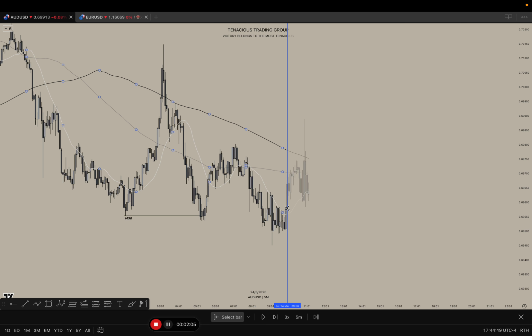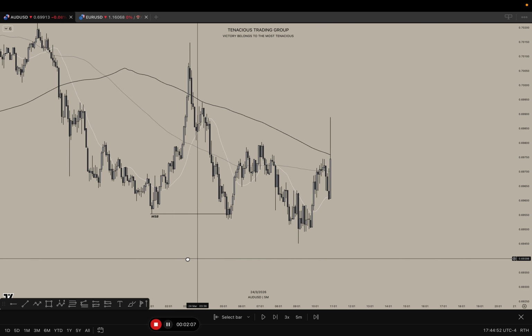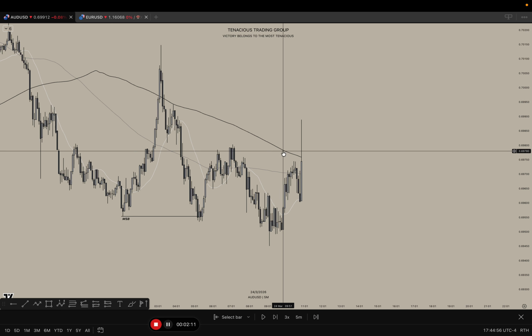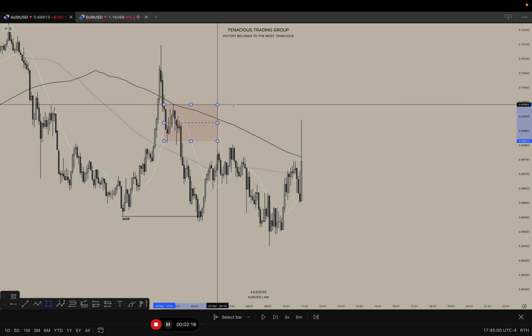So it looks like we've swept. And so we have our MSB, prices below the SMAs. We have our areas of interest. So we have this area of supply and demand. I'm gonna use SNDR. It's not an SNDR, but it's an area of supply and demand. And then I'll say that's my unmitigated move region.